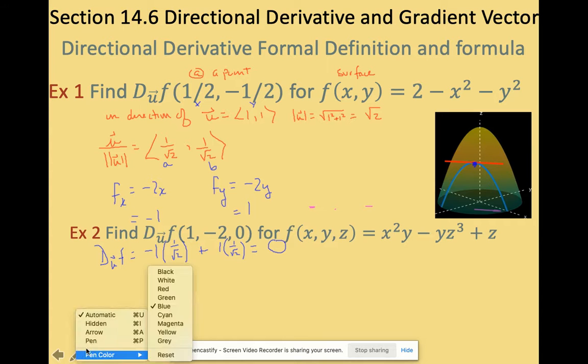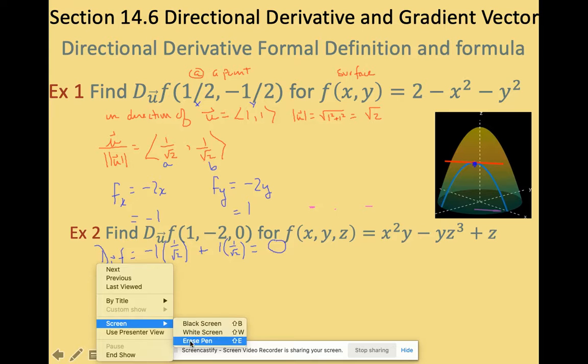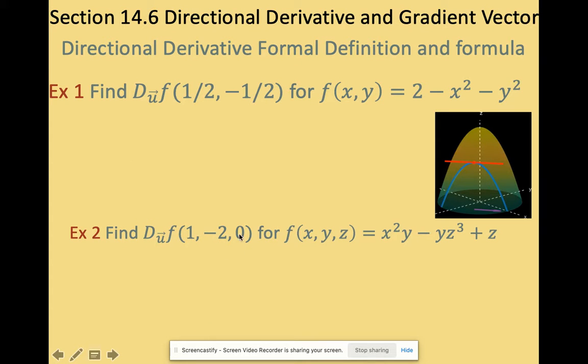Let's try another one. This time let's do 3D. If you want to pause the video and see if you get the same thing as I get, once again, I need to tell you what direction I want. I've left that off both times because I want to make sure that you look for it. If they're asking you for a directional derivative, they have to give you a surface. They don't have to give you a point, but we usually are interested in it at a point.